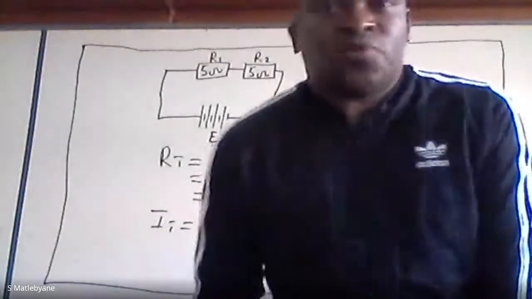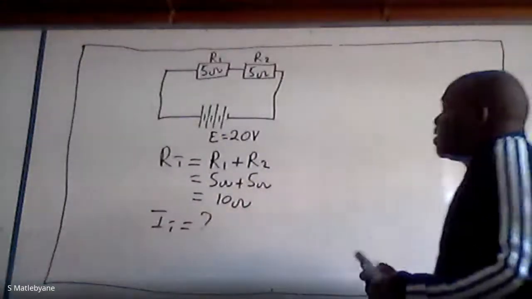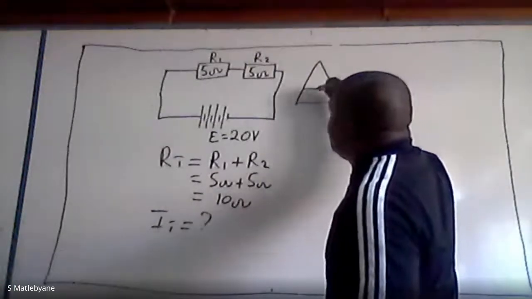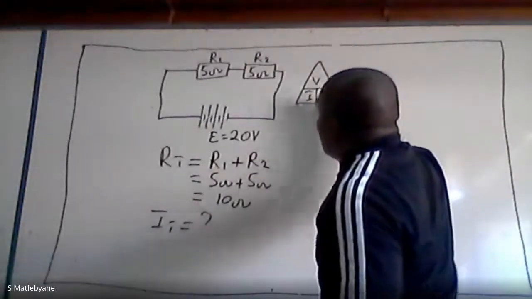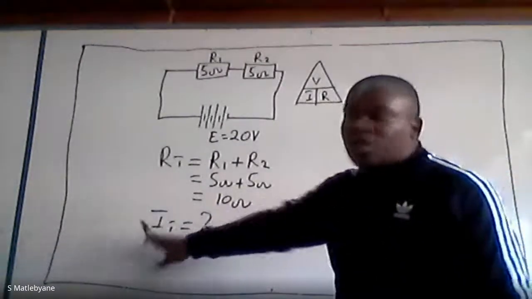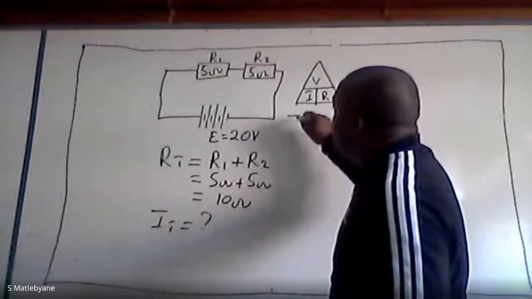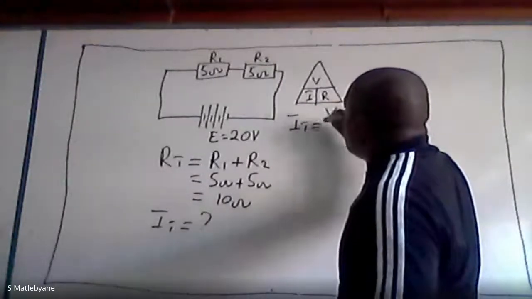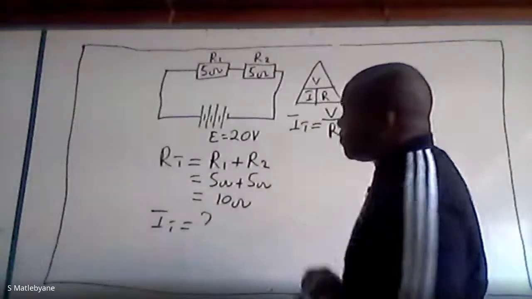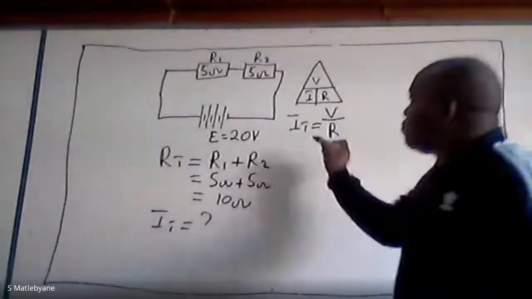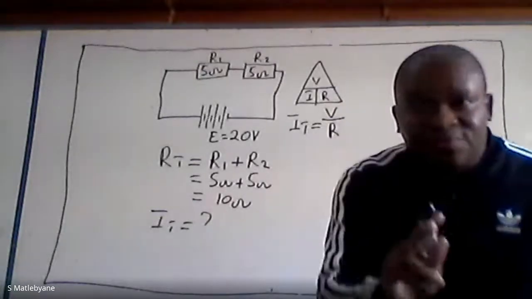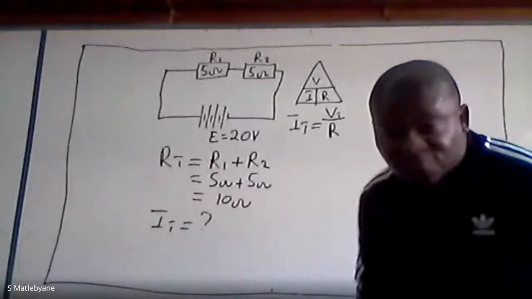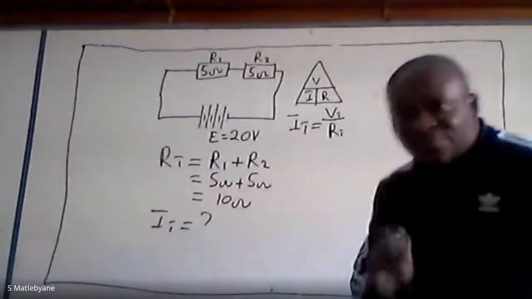Remember when we do calculations, I said if you forget the formula quickly, you can do this in your exam. Triangle, VIR. Then here, what are we calculating? The current. So you block I, total current, you are left with V divided by R. So voltage divided by resistance. Because we are calculating the total current, this is very important, it means that you must use the total voltage of the circuit and the total resistance of the circuit.